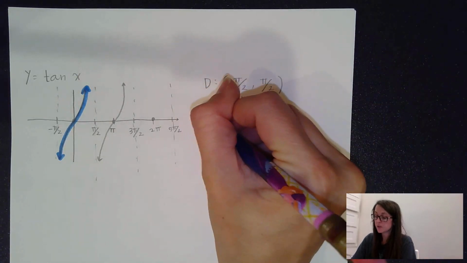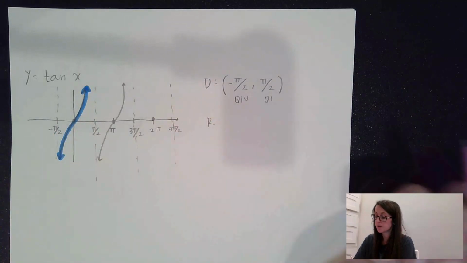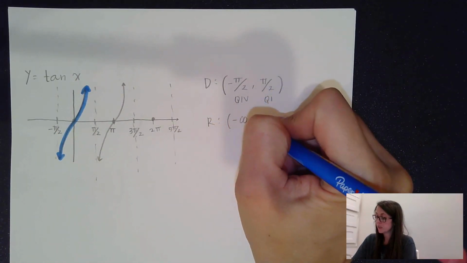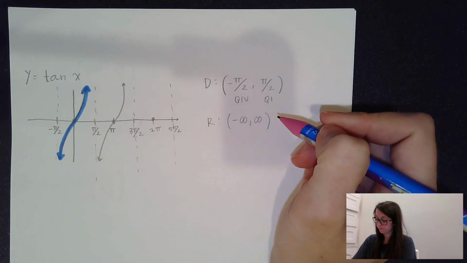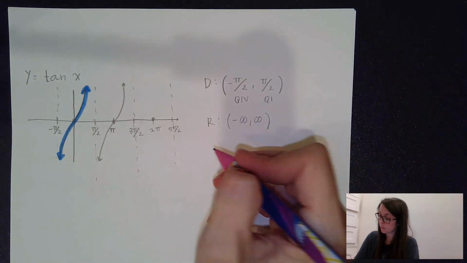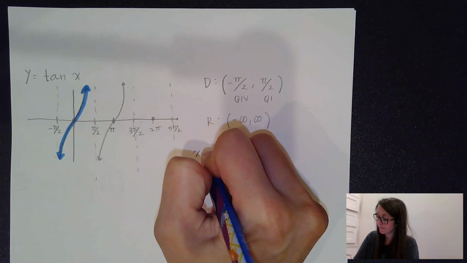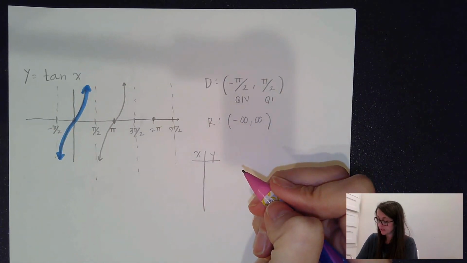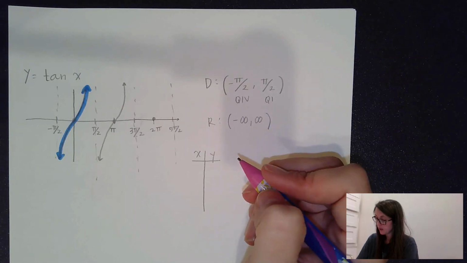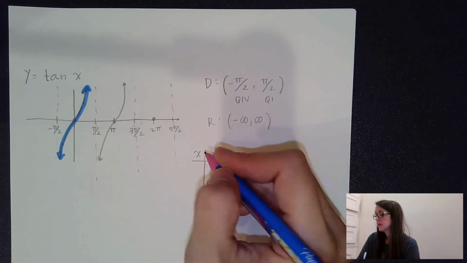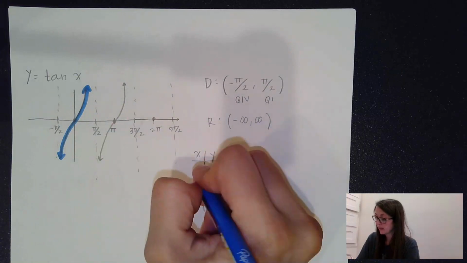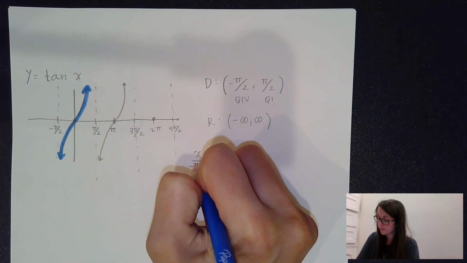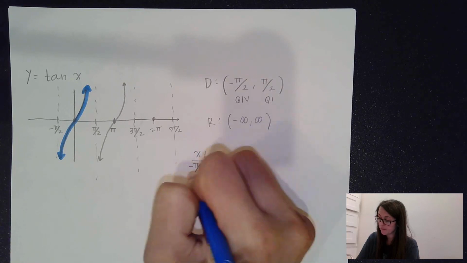The range of values for tangent continues to go, so the range is just negative infinity to infinity. So let's look at some x and y values here. If you had an x value of negative pi over 2, it's undefined, right?